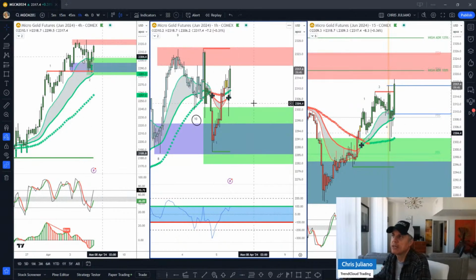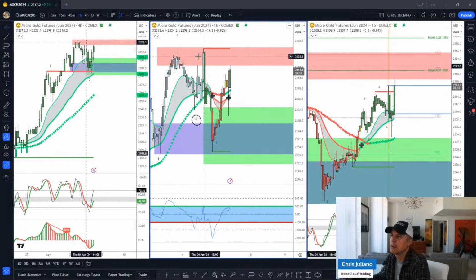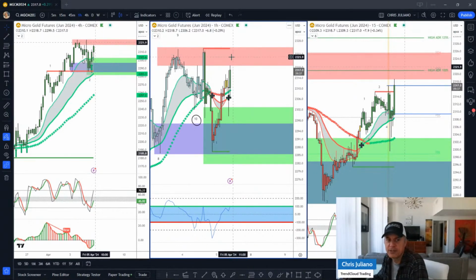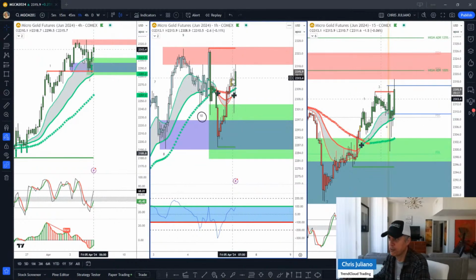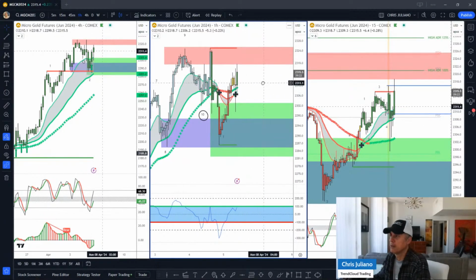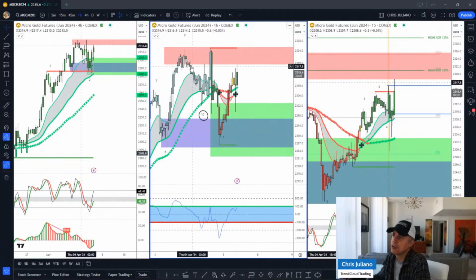It's best to wait off of this reaction. This may have to go through a little bit of a sideways movement before making some kind of reaction. And look at what we've got here.